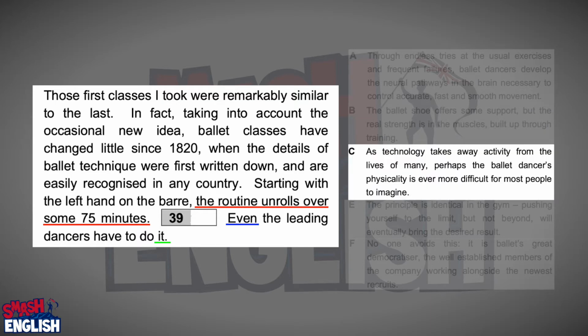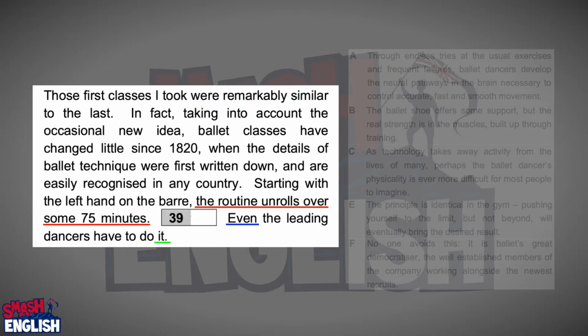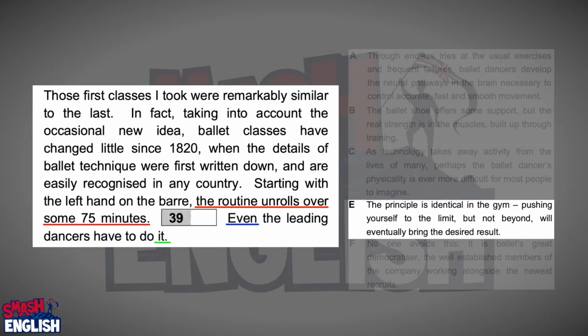No, because there is nothing in C for dancers to do. And what would correspond to it? Physicality? Technology? It would make no sense. Could it be E? It cannot be E. The pronoun it in the following sentence would be the principal, and you cannot do a principal.